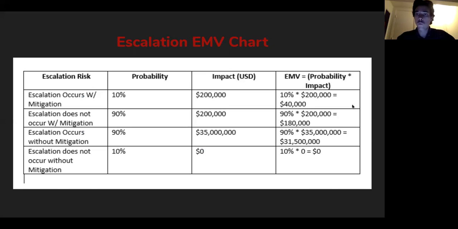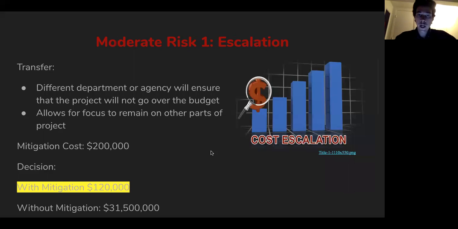And then when using the EMV values, the estimated monetary value, we basically took those probabilities that were in the decision tree, as well as the impact, and multiplied those together to determine the EMV. And with that number, we come up with a decision whether to mitigate or not to mitigate.